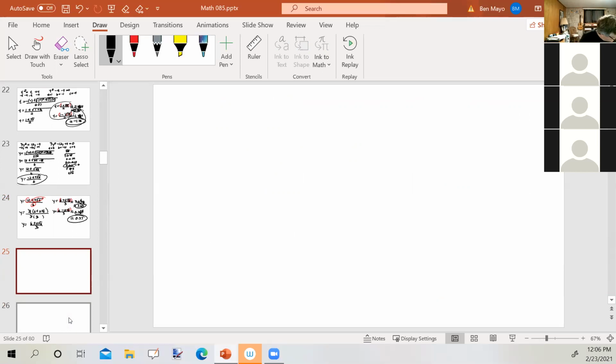So let's take this example. Negative 5x squared plus 9x minus 2 equals 0. So here we have a quadratic equation. It's in standard form, but the thing I don't like about it is a is negative.